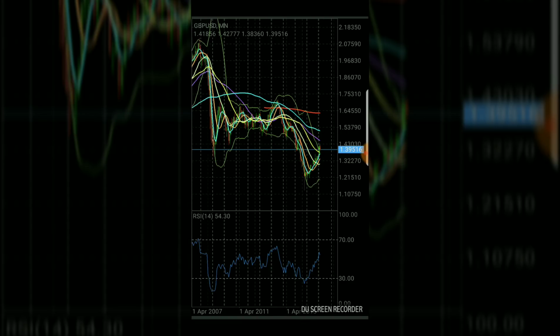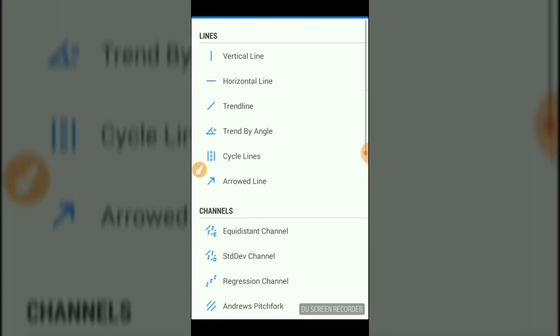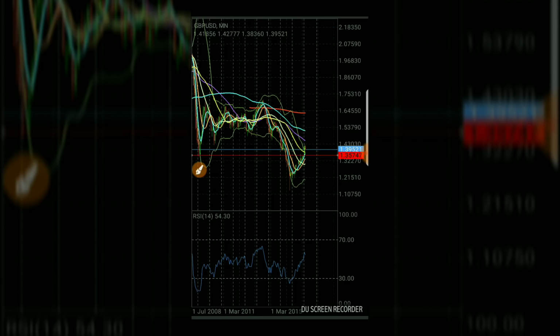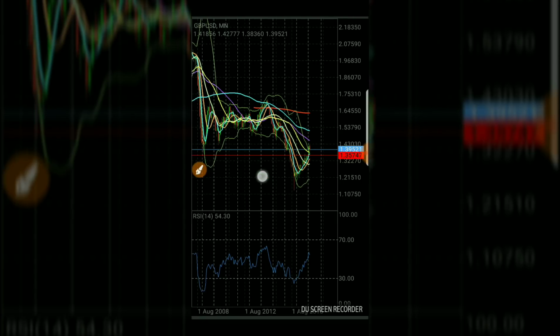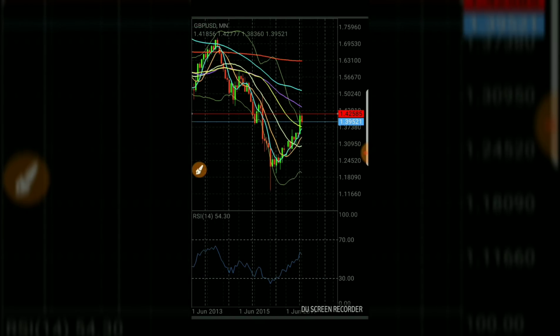So I could actually just go here and put a horizontal line, and you'll see what I'm saying. All right, so if I put that horizontal line right there, way over here is where it hit the bottom, and we have surpassed that in the price point. If I take that line and I move it up right about there, we have hit that resistance. If you were to look right now, we have hit that resistance.